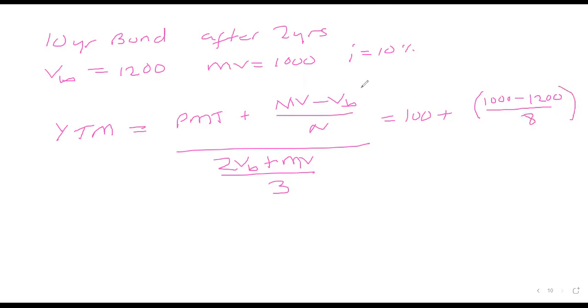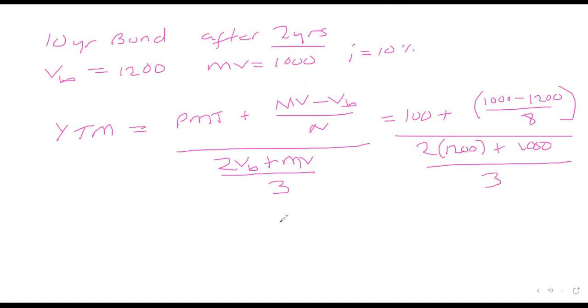It's a 10-year bond, which was only issued after 2 years, so the period of time left is 8 years. Then 2 times 1,200 plus the maturity value, which is 1,000, divided by 3. So this gives you what is called the yield to maturity, 6.6%.